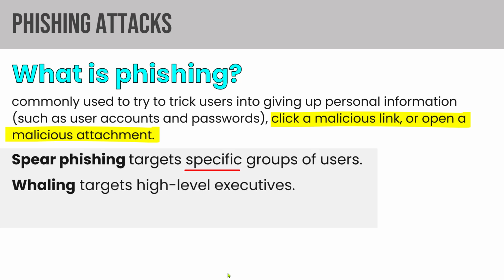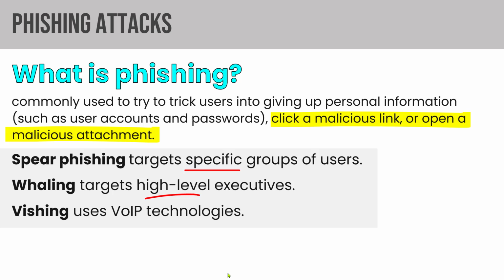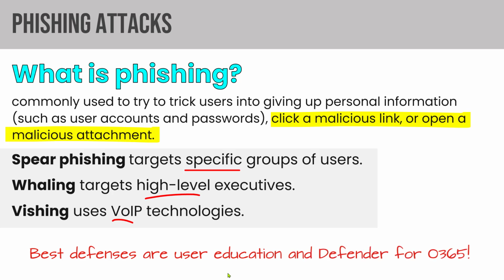And then there's whaling, which targets high-level executives, so just a phishing attack that targets an executive, and again, that's going to tend to be more targeted than a run-of-the-mill phishing attack. And then there's even vishing, which uses voice technologies. The best defenses are really user education and Microsoft Defender for Office 365.